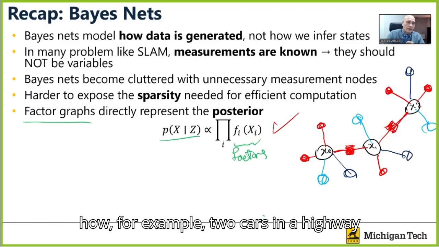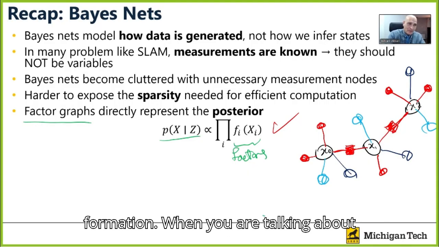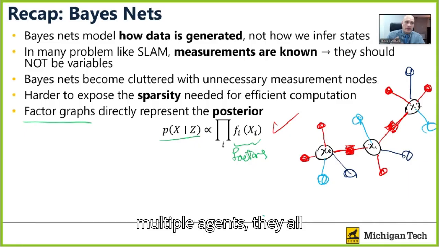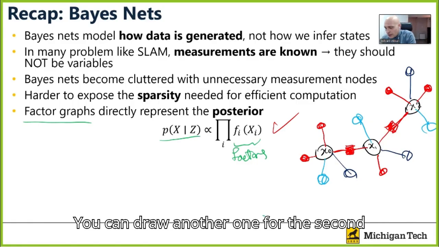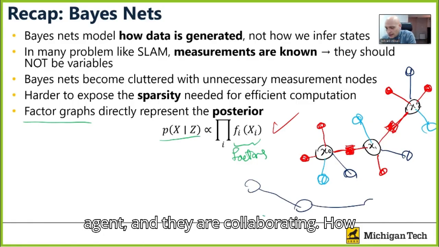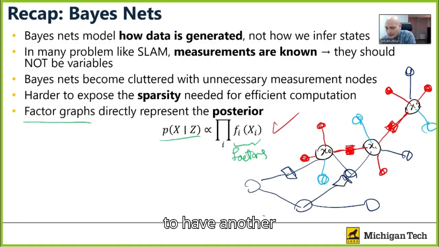For example, two cars on a highway can arrange their speed together, or they can make a formation. When you are talking about multiple agents, they all can go in this. This is for one agent. You can draw another one for the second agent, and they are collaborating. How do they collaborate? They just need to have another factor for collaboration.